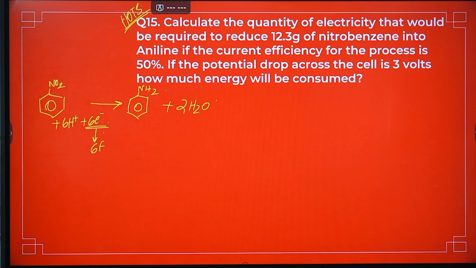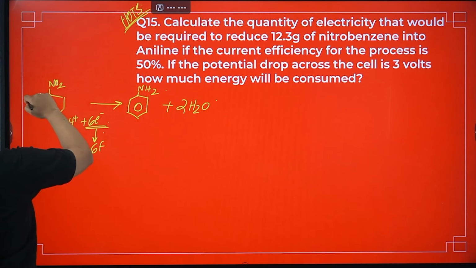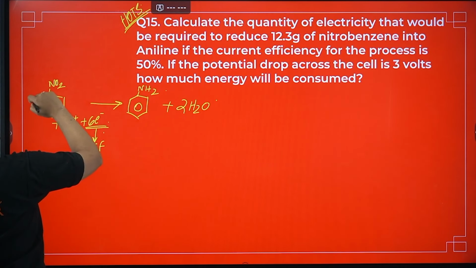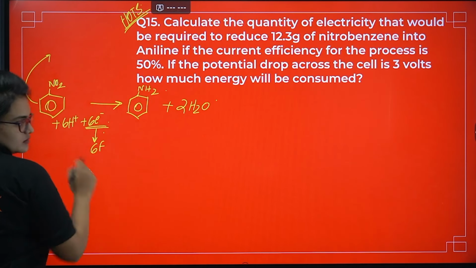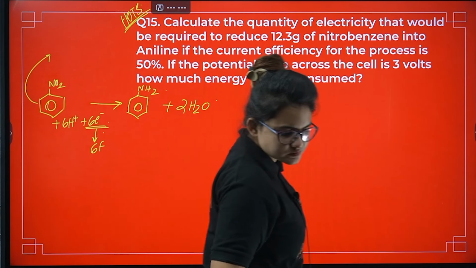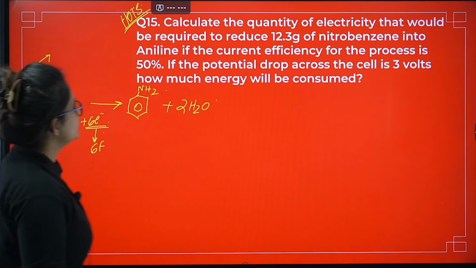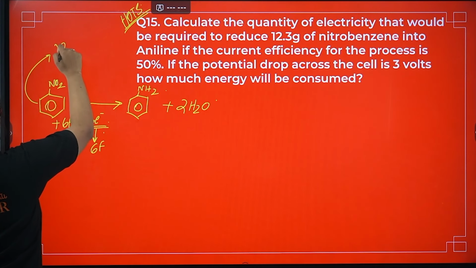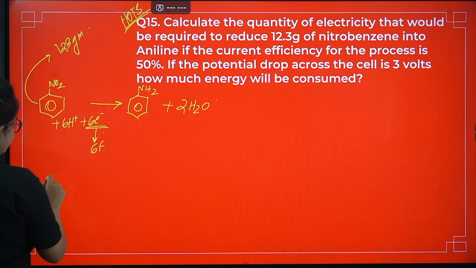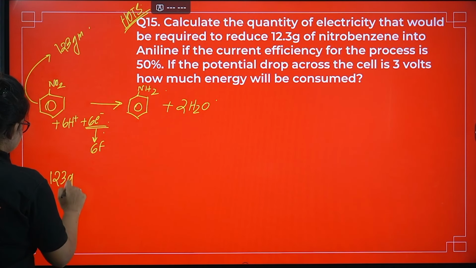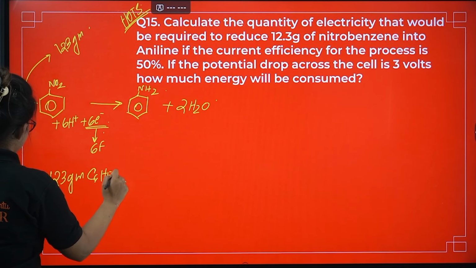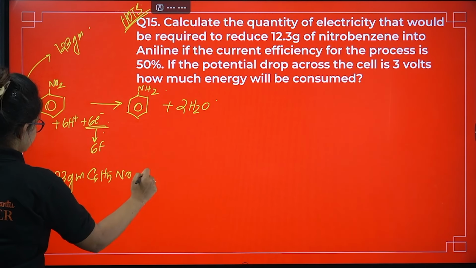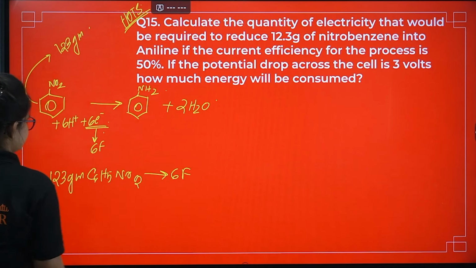Okay, so what is the molecular weight of nitrobenzene? If you calculate the molecular weight of nitrobenzene, it will come up to be something like 123 gram. Okay, so from here what information am I getting? 123 gram of nitrobenzene, C6H5NO2, requires 6 Faraday charge, right?